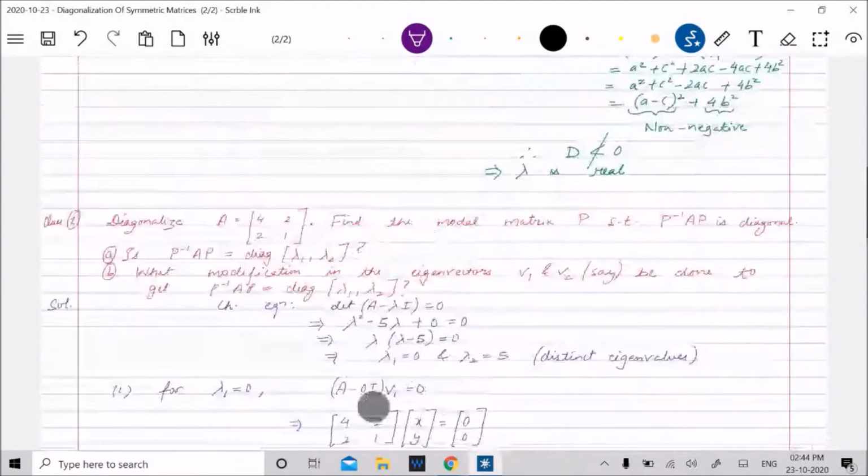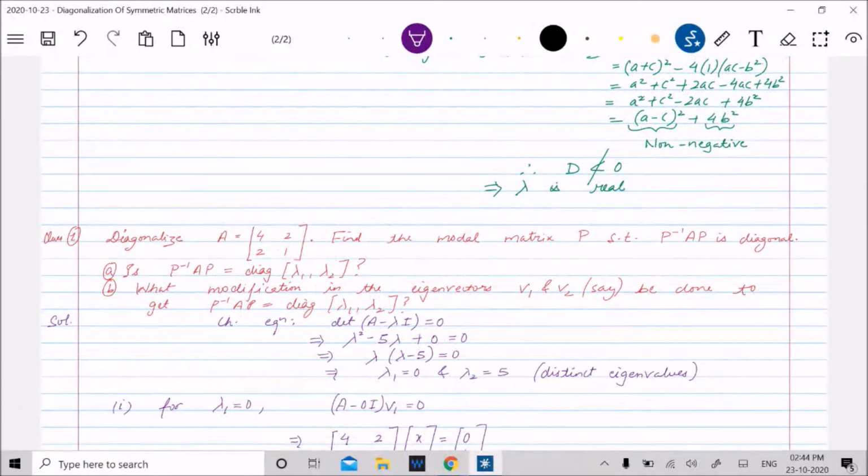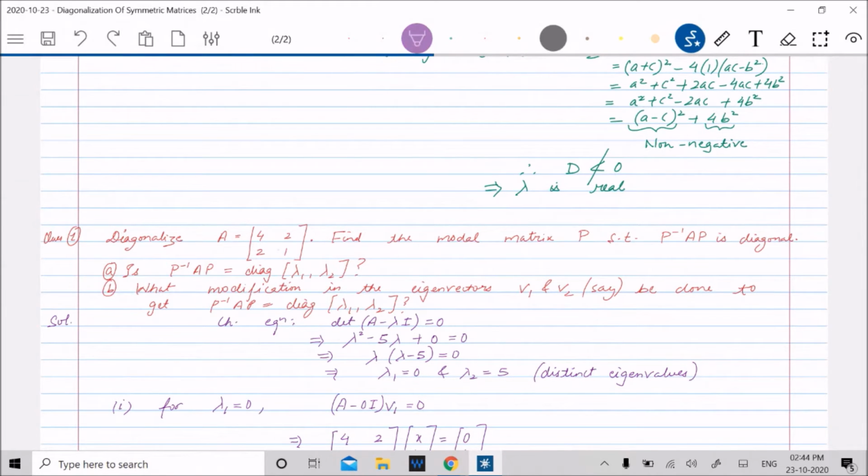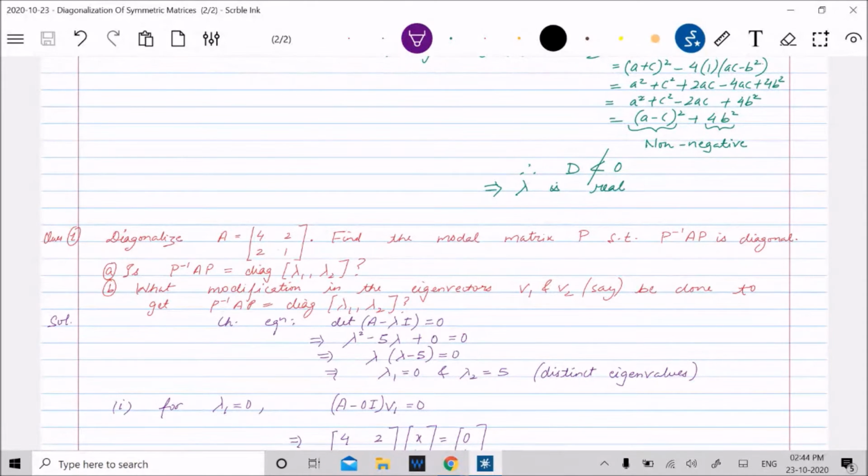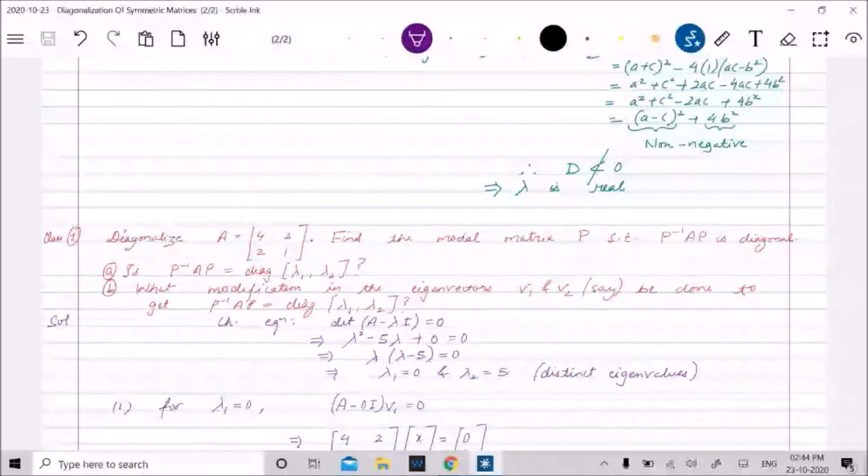A modal matrix is a kind of mediator which helps us to get the diagonal matrix D. It meets us in our journey towards the search of the diagonal matrix D.